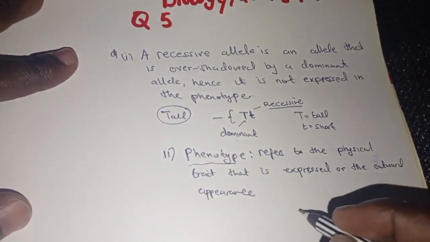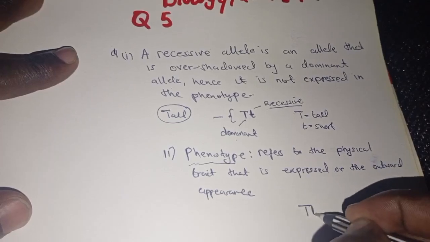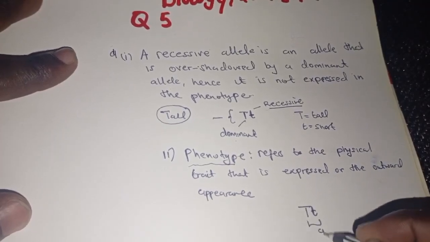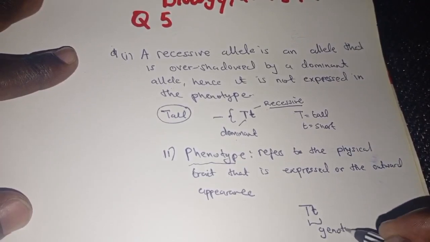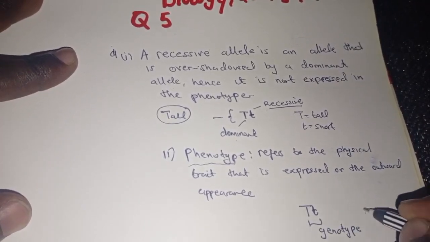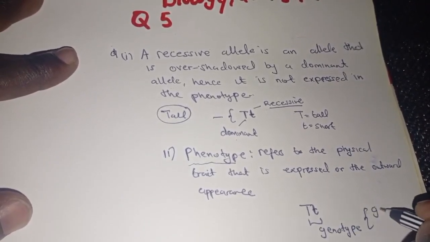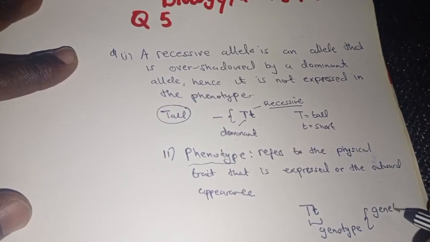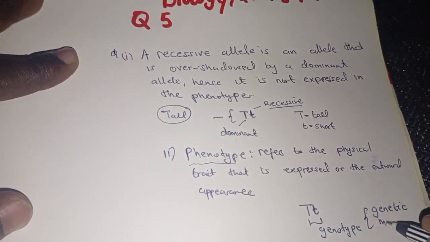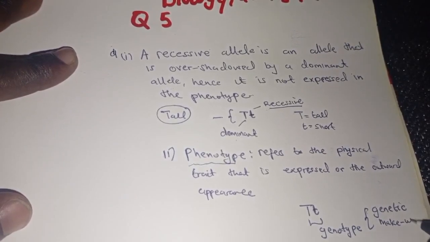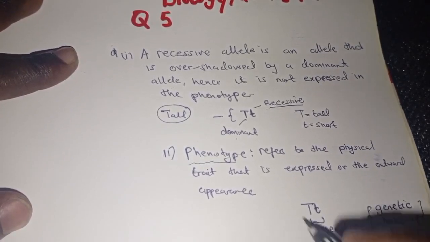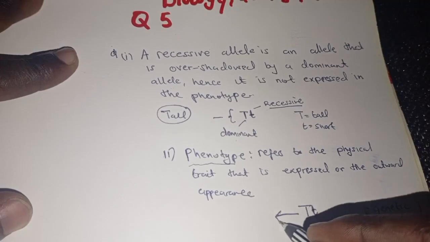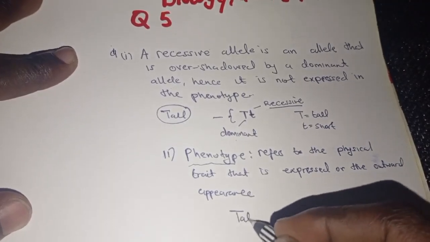Like I said, this one is called genotype, and genotype shows the genetic makeup, meaning what is found in the genes. But the phenotype here we're just going to say tall.